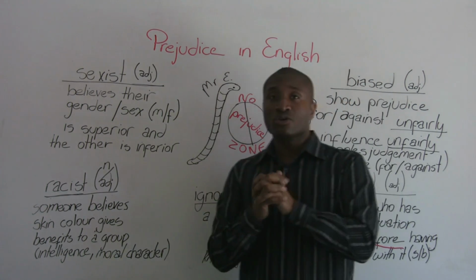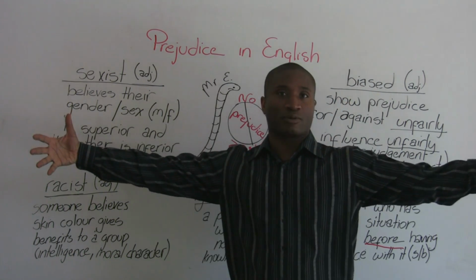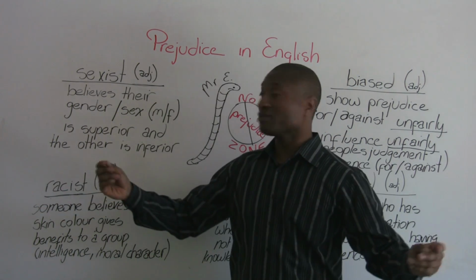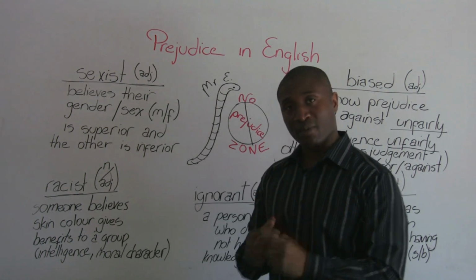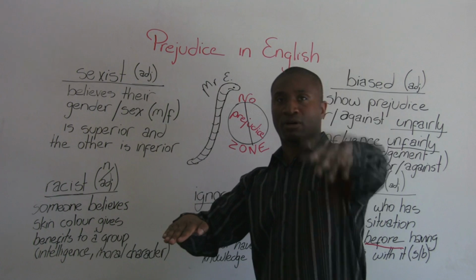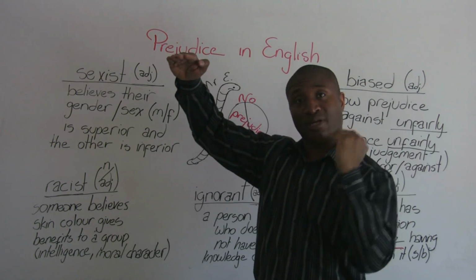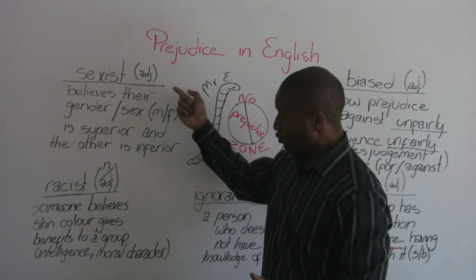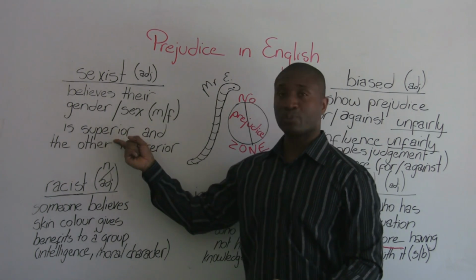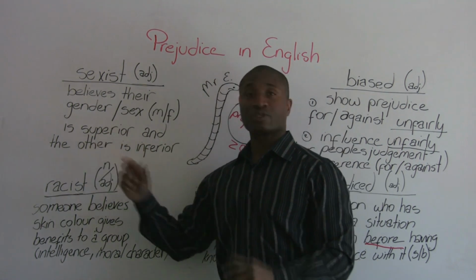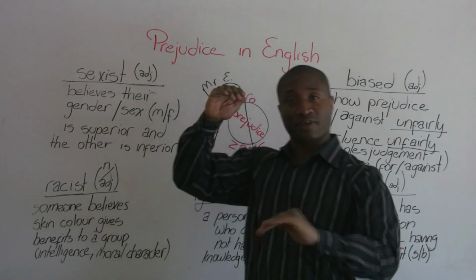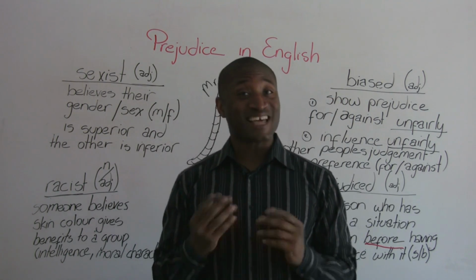But let's do the biggest number, which is men and women, female, gender. Well, some people, if they're men, they think women are down here and men are up here. Or some women actually believe women are up here and men are down here. When you believe that your sex is superior, and look at the word super, which means above, and another one is inferior, below, then you are sexist.